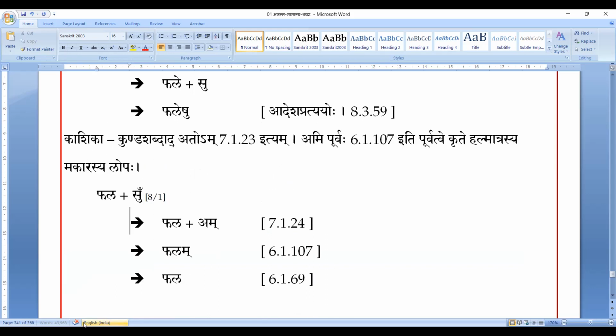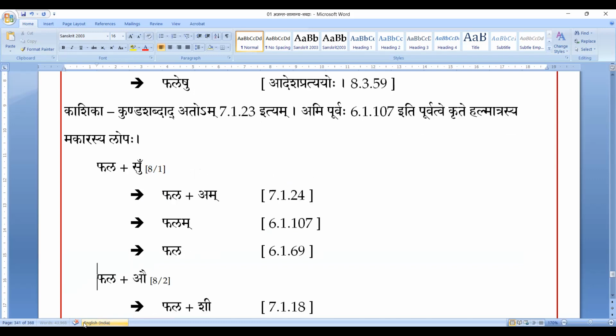Good point. Kashika mentions, pointed out. Otherwise, taken for granted and not considering Atoham. Atoham is Parasutram. And Engarasva Sambuddhe is 6169. 6107, that is Ami Purvaha. Oh, okay. Sandhi Karya. Amadesha and then Sandhi, then you have Palam.